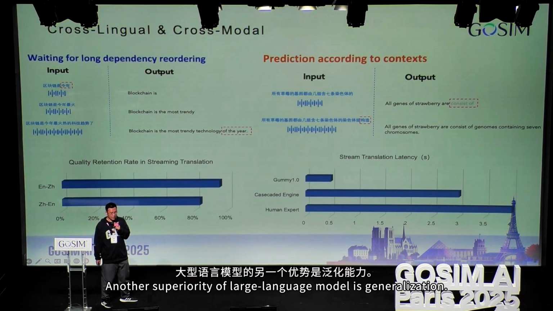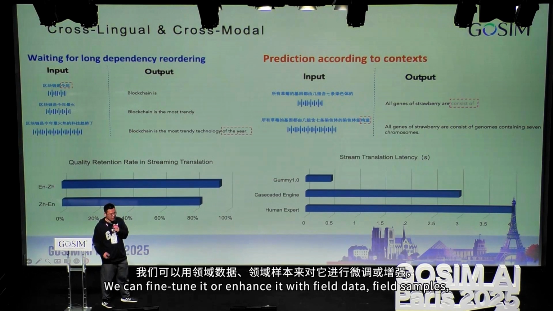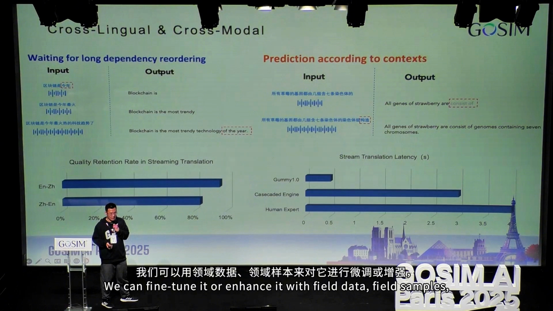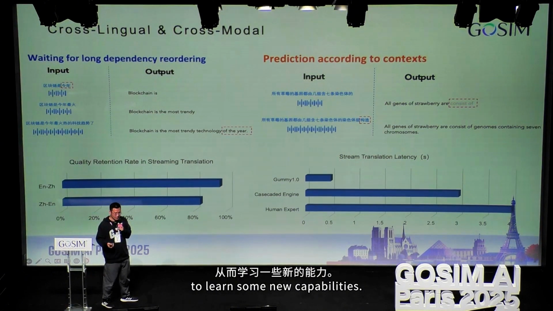Another superiority of the large language model is generalization. We can fine-tune it or enhance it with few-shot samples to learn some new capabilities.